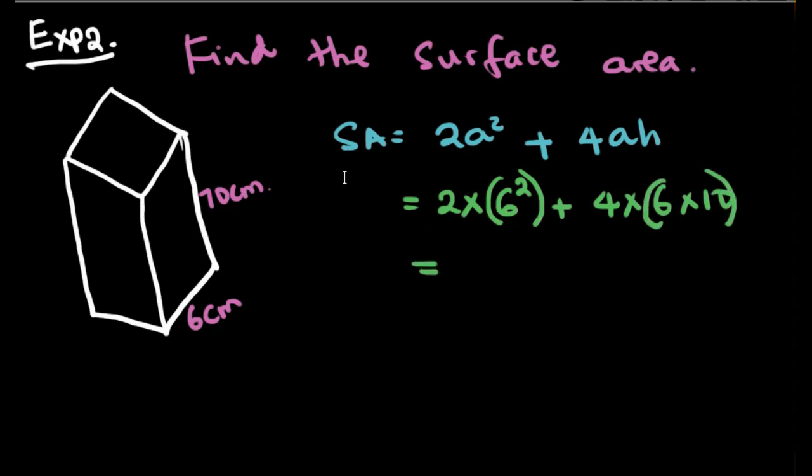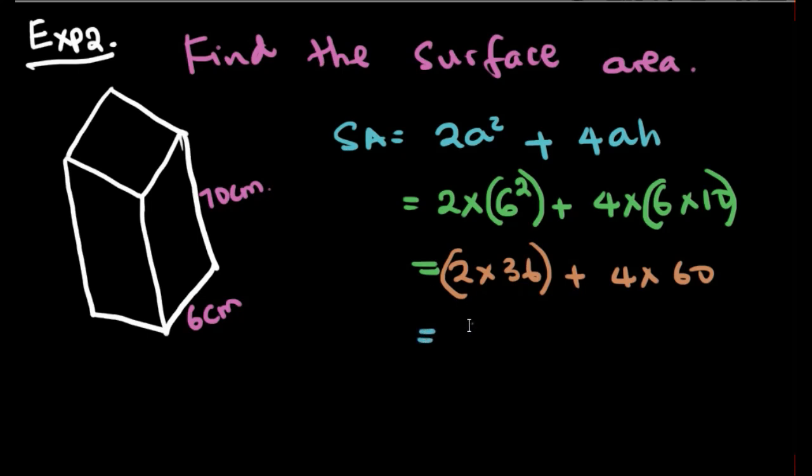Now this gives us 2 times 36, that is 6 squared, plus 4 times 60, that is 6 times 10.